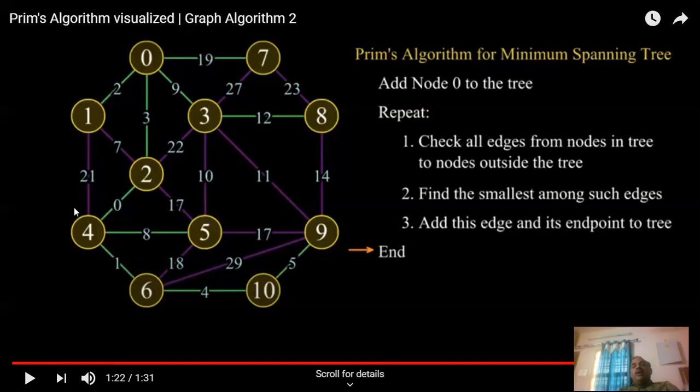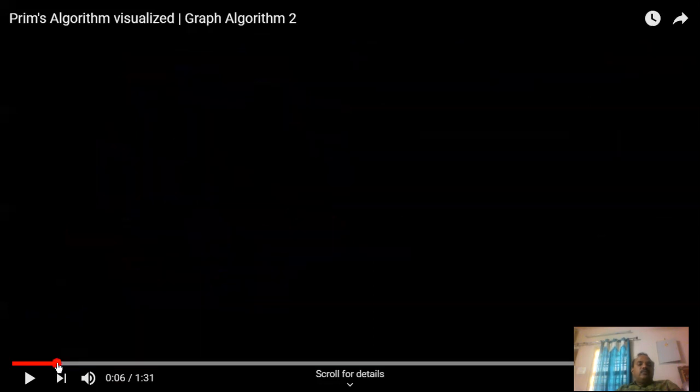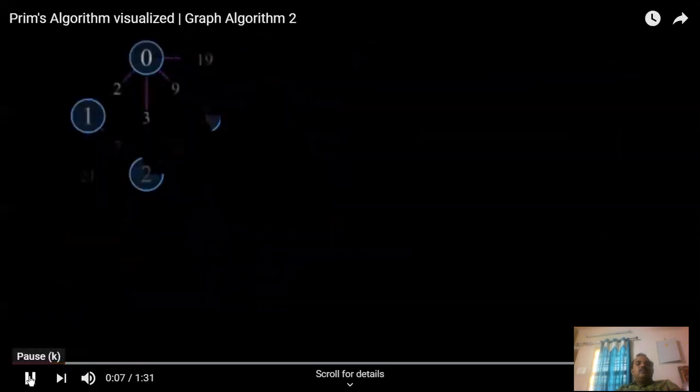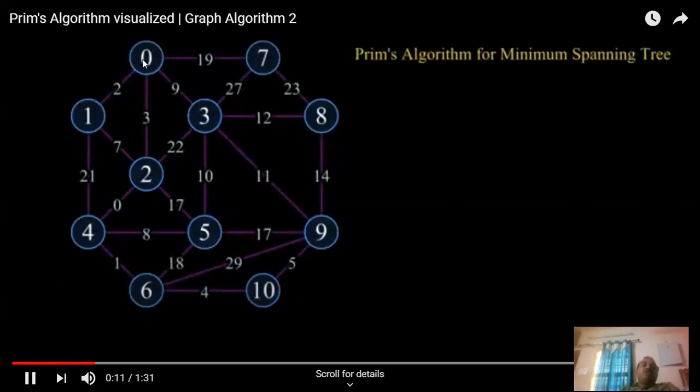So, to find the minimum cost spanning tree from the given graph. Clear, all of you? Again, watch. This is the graph. Starting with 0, it can check all these edges. Which is the low cost edge? 2.